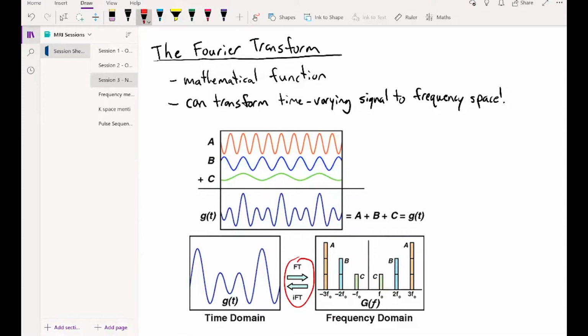It's the exact same information, but it's represented in a different way. So instead of an axis representing time, right, over a period of milliseconds, where the signal is getting stronger and weaker and wobbling back and forth, in the x-axis of the frequency domain we're representing differences in frequency instead. So time is not in the picture anymore.